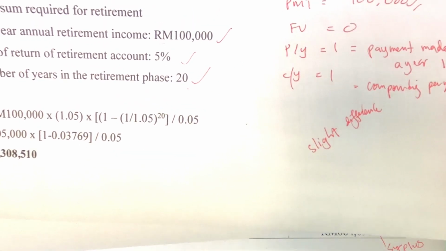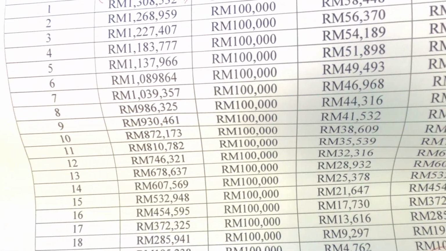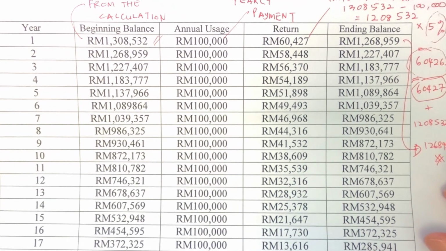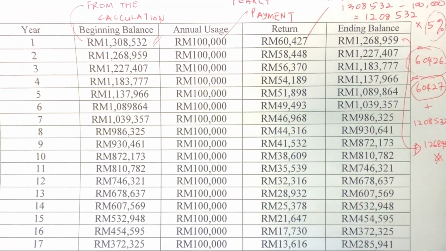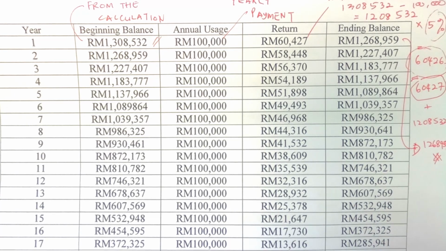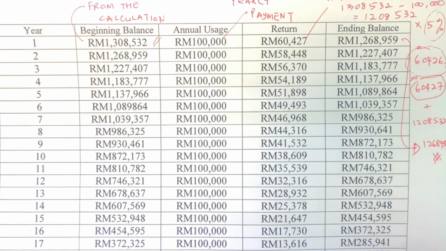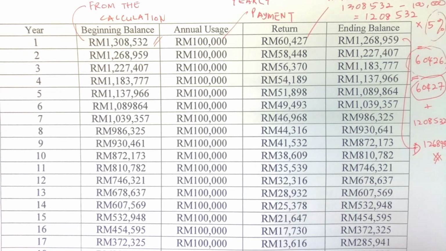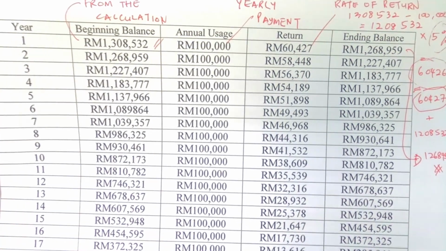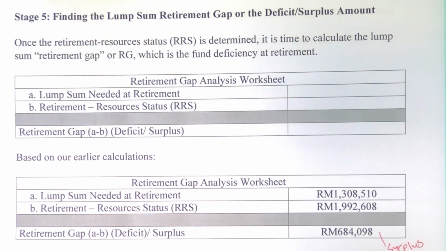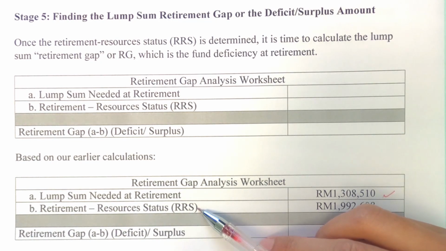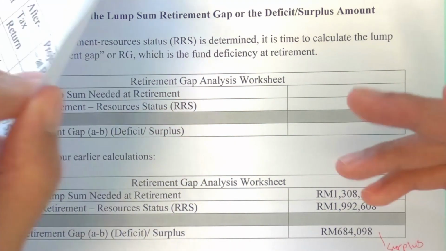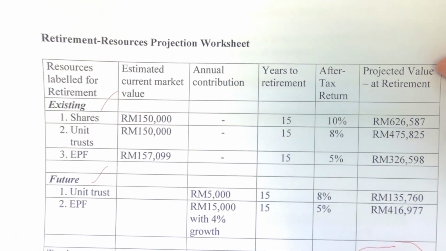And here is basically the proof of the calculation that I've already explained to you before, where using capital liquidation method at the end of 20 years, the balance is 0. So that's how we get the lump sum needed at the retirement, that is 1,308,510.